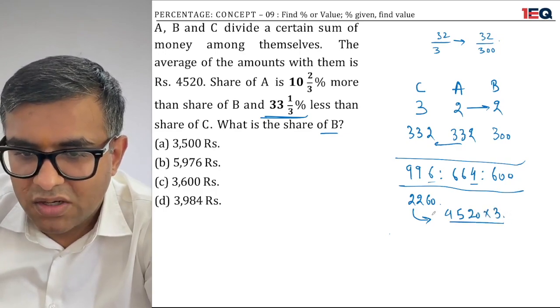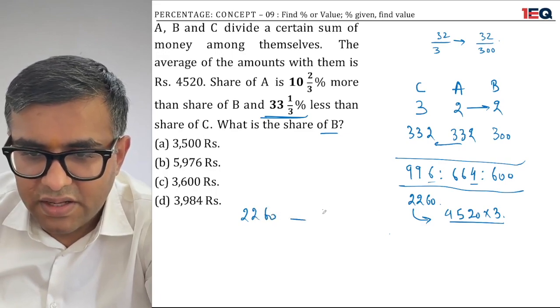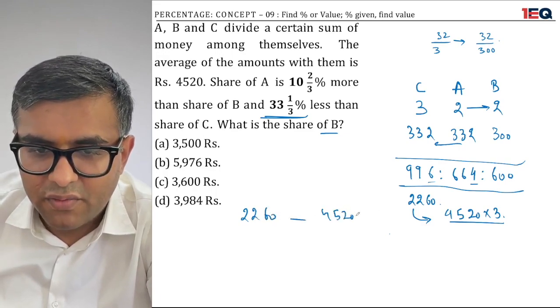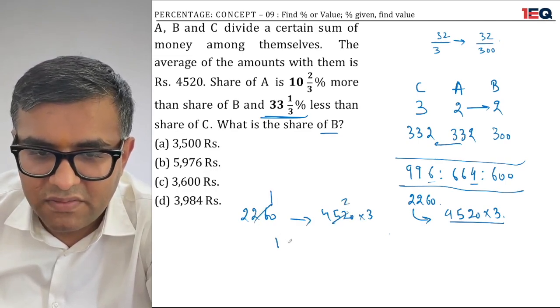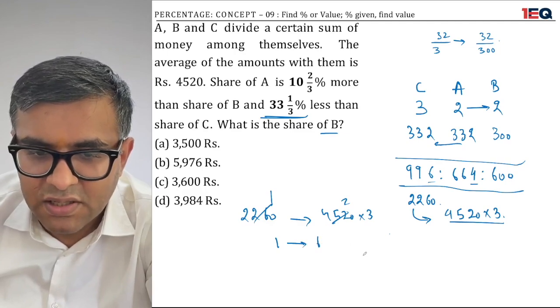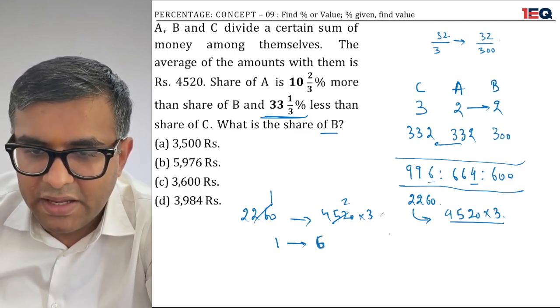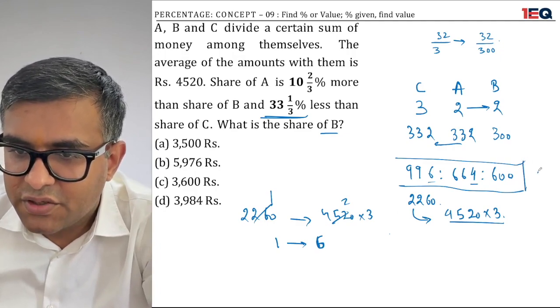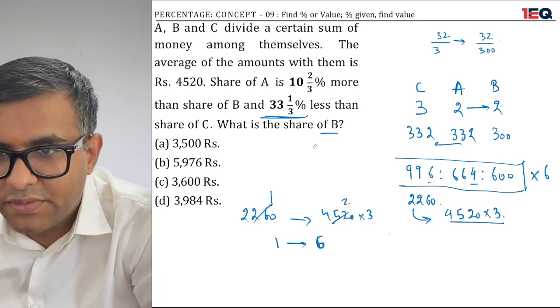Why? This is the total value. The value of 2260 is given as 4520 multiplied by 3. So this means the value of 1 is equal to 6. So if I multiply 6 with all these ratios, then I would get the absolute value of all the numbers.